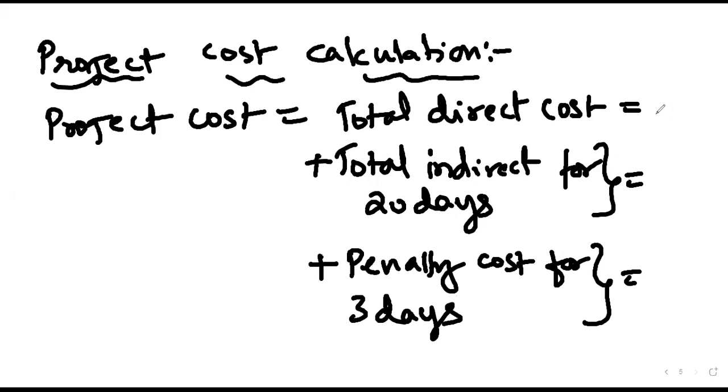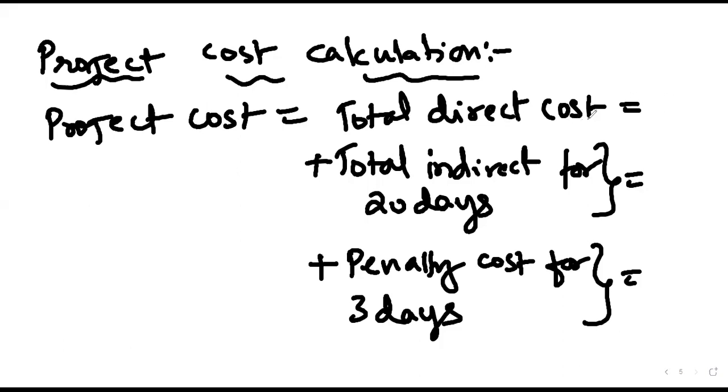Because it has been given as 17 days here. The project completion duration is 20, and they have asked us to put penalty cost if it crosses 17 days. Here it has crossed 17 days. 20 minus 17 is 3 days.